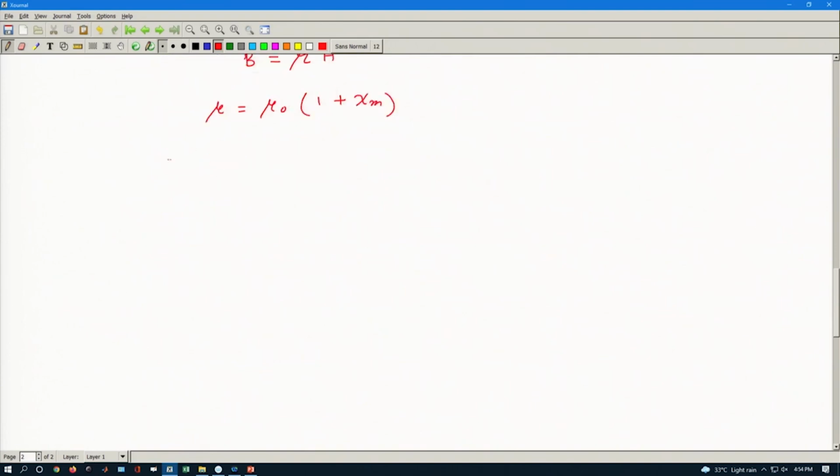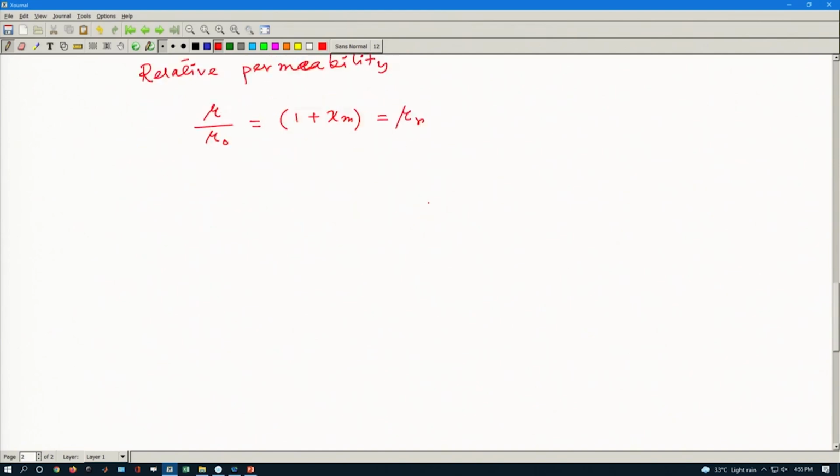So, the relative permeability is mu divided by mu naught, which is 1 plus this quantity, and normally we call it mu r.